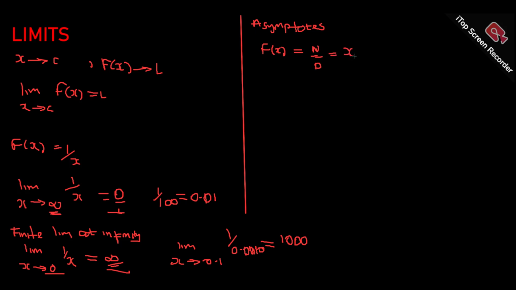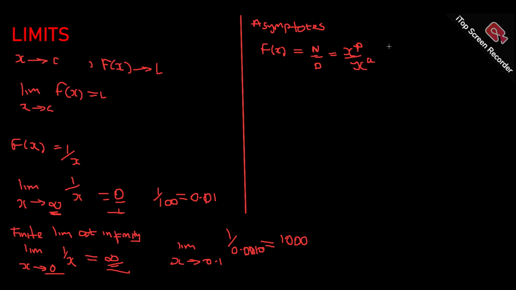Suppose it is in terms of x, and the highest power of x in the numerator is, let's call it p. Then on the denominator, the highest power of x, let's call it a.